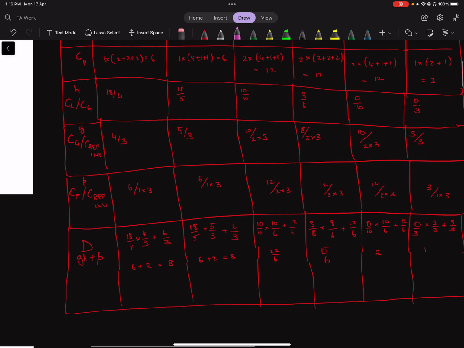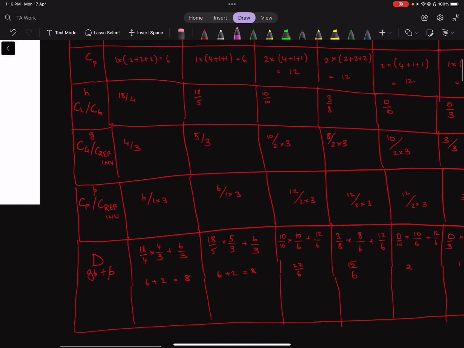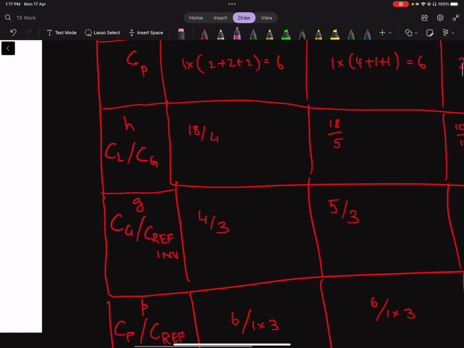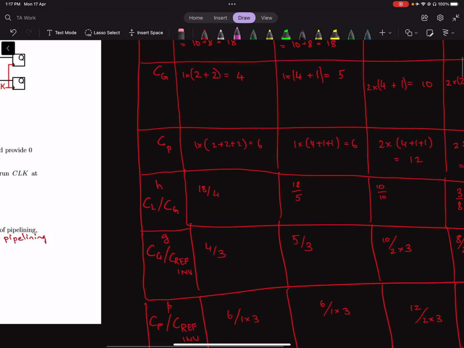So if you can see, in the reference inverter I have just done size into 3 for all the gates, right? So this is CP by C reference. So the denominator is the reference inverter size, and so that is just being multiplied by the size of the particular gate, right? So let's start off by calculating the electrical effort.